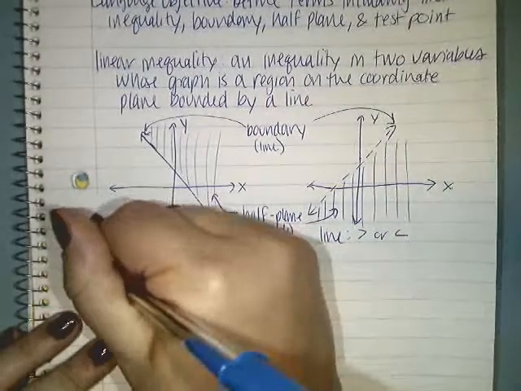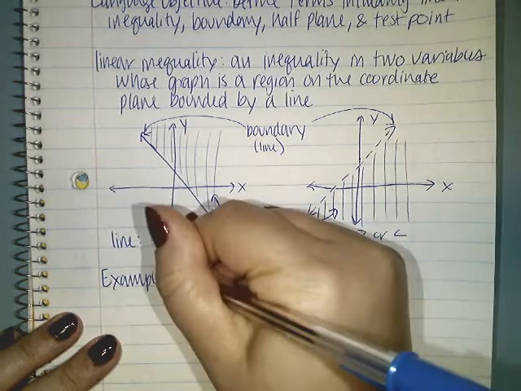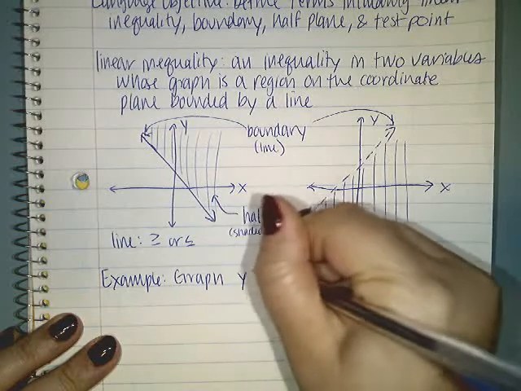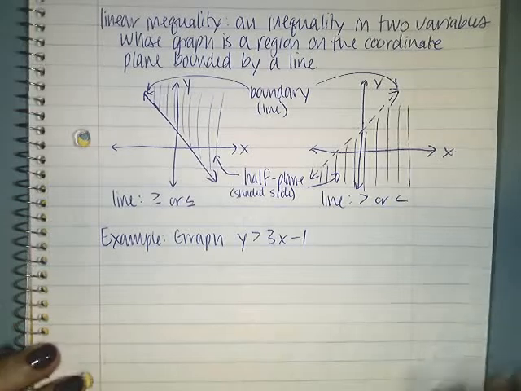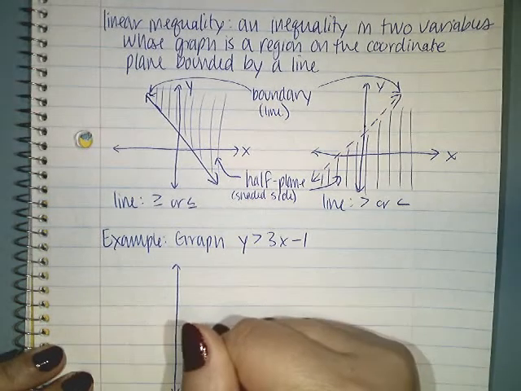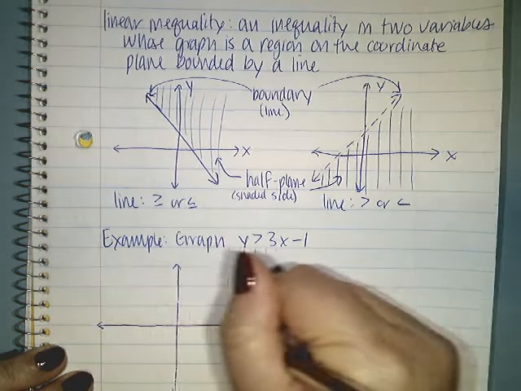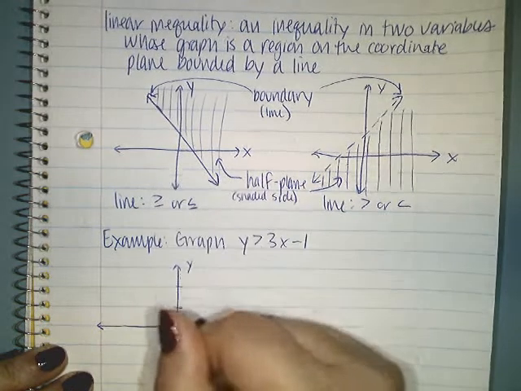So let's do an example so you can see more clearly what I'm talking about here. I want us to graph y is greater than 3x minus 1. So what I'm going to do here is start by making a coordinate plane. So I'm going to do my x-axis, my y-axis, 1, 2, 1, 2.